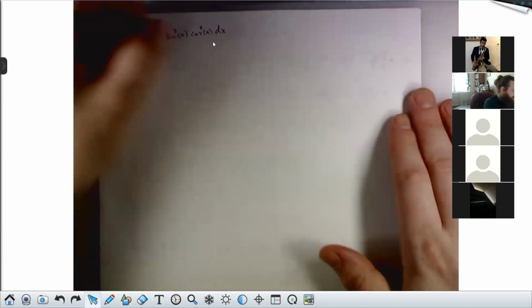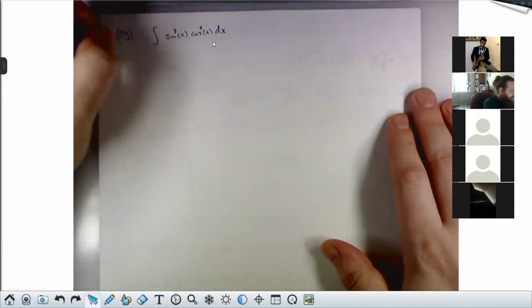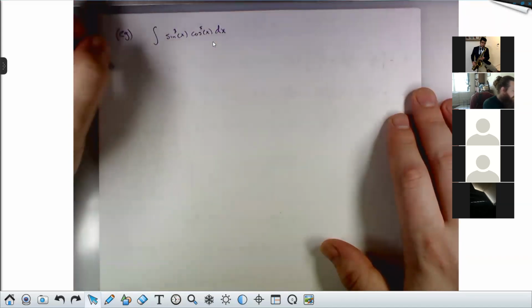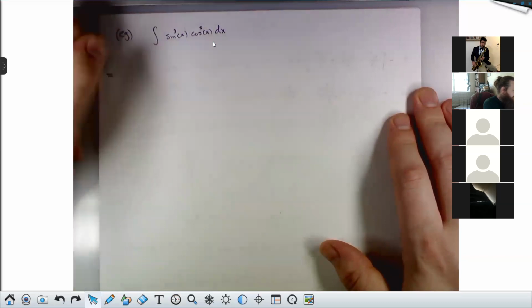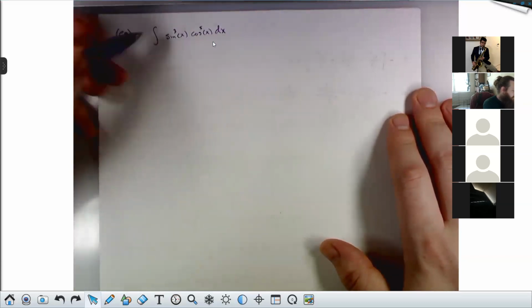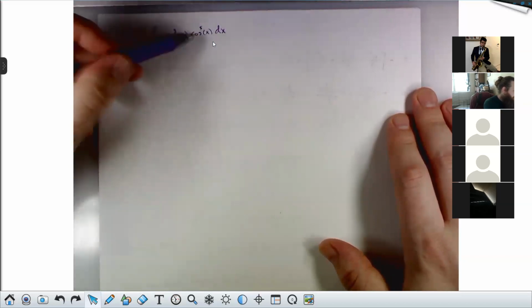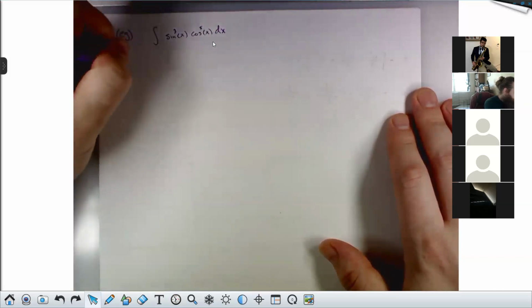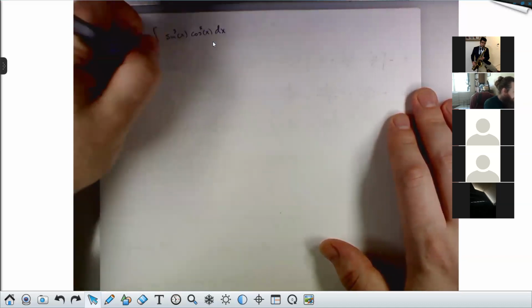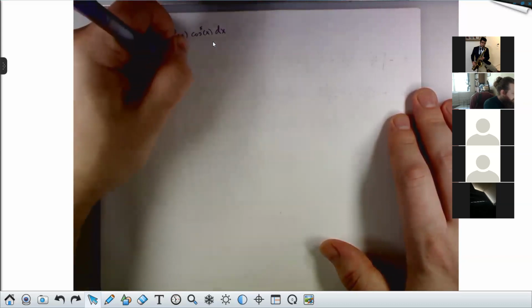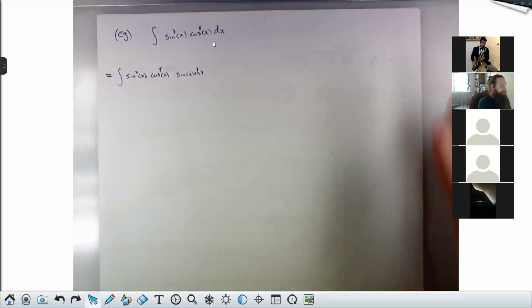Here I'm going to substitute for cos x. But before I do that, I'm going to rewrite everything here in terms of cos x, with the exception of one copy of sine. So thinking I'm going to substitute for cos, I'm going to take one of those sines, leaving a sine squared here, and just set it off to the side with my differential.